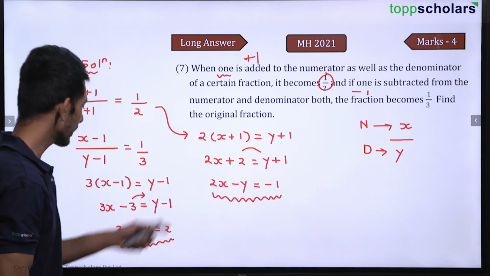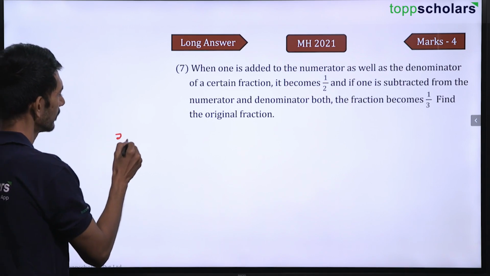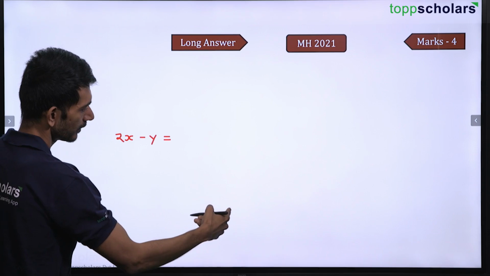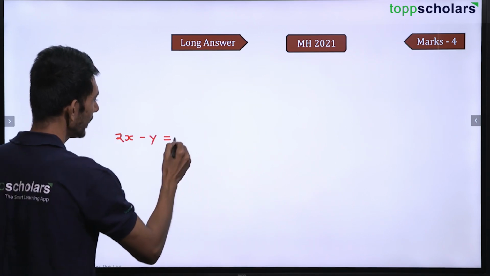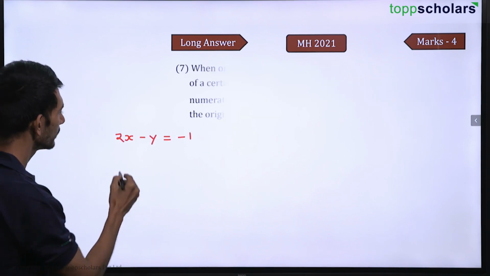You have two equations now, right? 2x minus y is equal to minus 1, and 3x minus y is equal to 2.